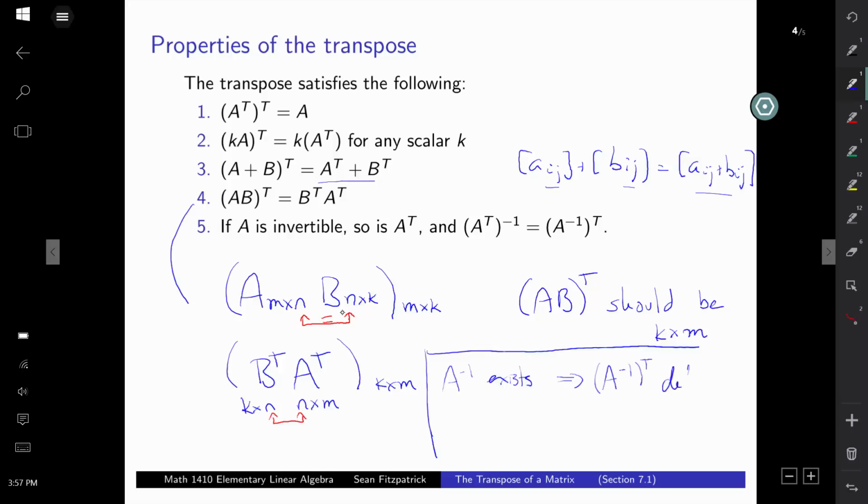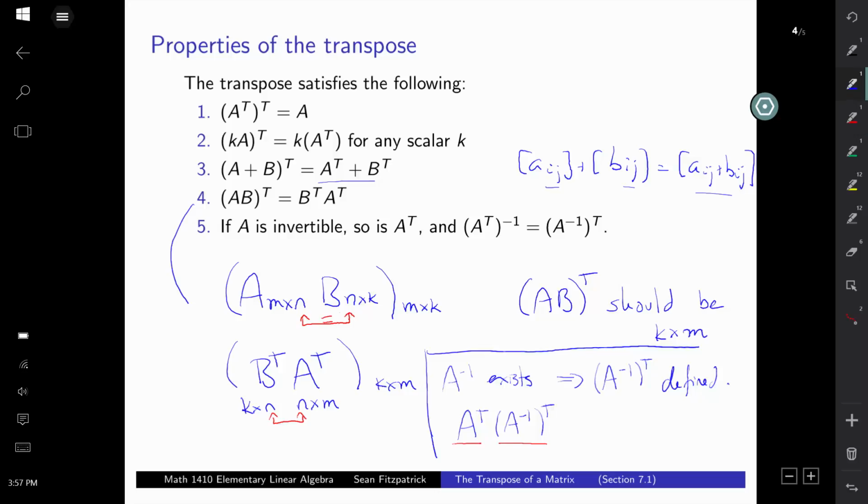So this guy is defined. And also, if I do A transpose times A inverse transpose, if I want to show that this matrix on the right is the inverse of that one, I need to show that when I multiply them together, I get the identity.